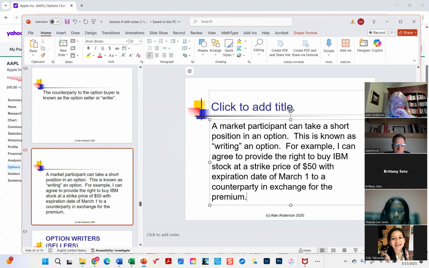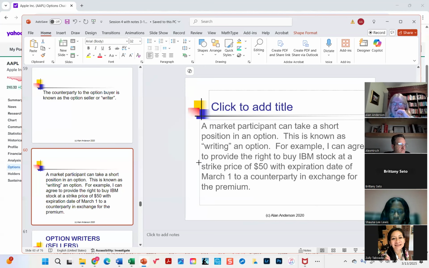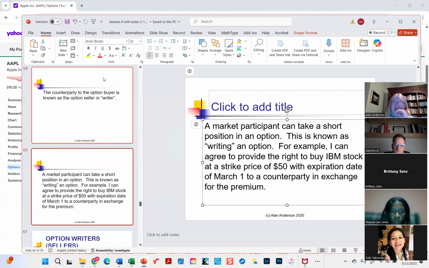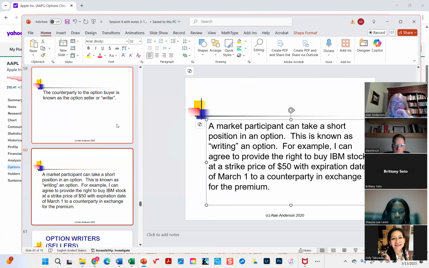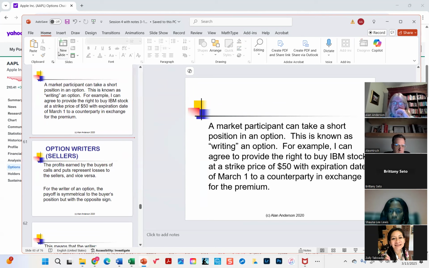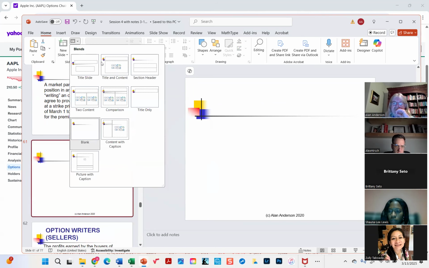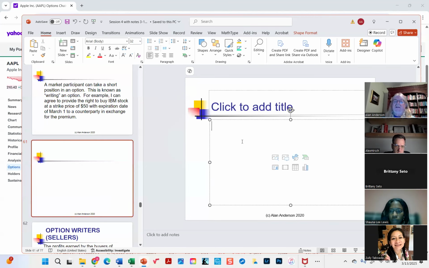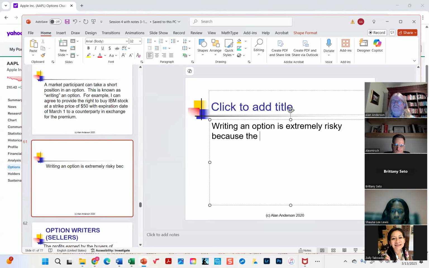Now, it turns out that selling options is horrendously risky. These are some of the drawbacks, as we'll see in a minute. Writing or selling an option is extremely risky because the seller or writer has limited profit potential, unlimited loss potential.